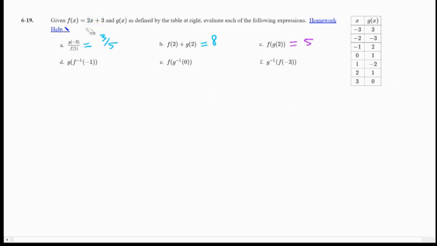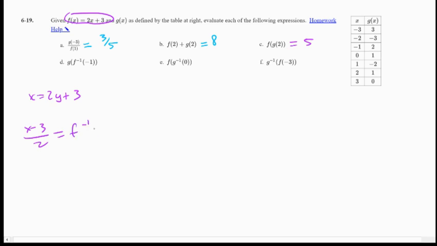Second row here, I got g of the inverse of f of negative 1. And so what that means here is that I'm going to quickly find the inverse equation here, and that's going to be x equals 2y plus 3. Subtract 3 from both sides, divide by 2.